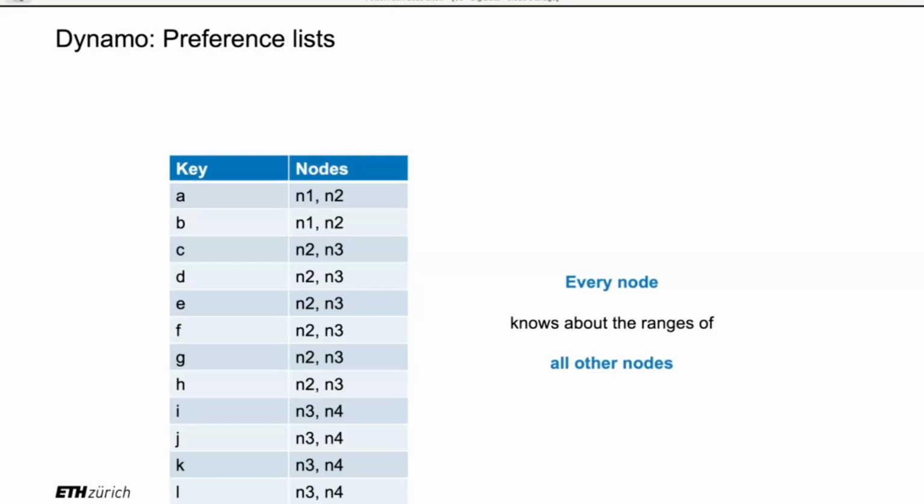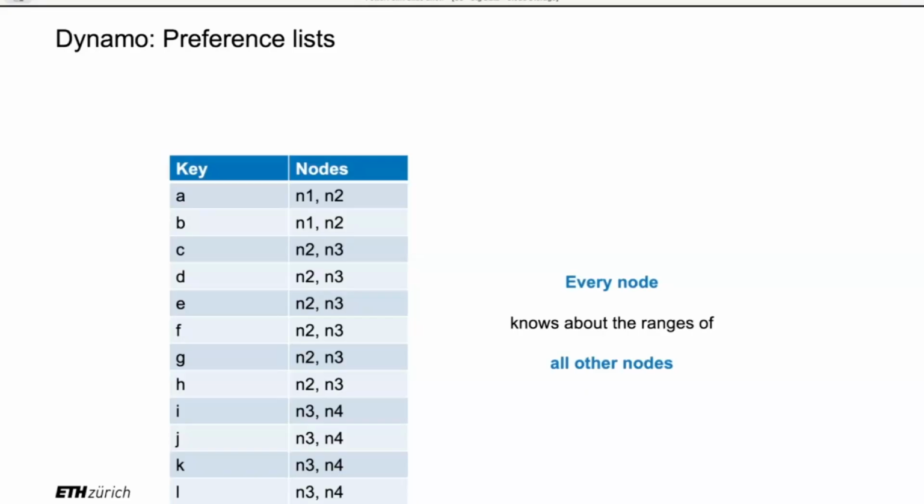So for example, the key A is stored on nodes N1 and N2, if we number them. So this is called a preference list, right? It doesn't have to be physically in that structure. Maybe instead of the keys, you would have ranges of keys, right? But basically, for every key, instantly, you know which nodes are responsible for it.